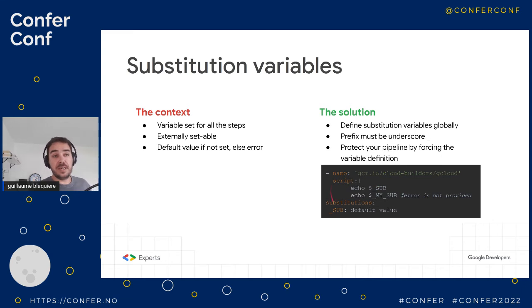You can define here a default value for my sub. For sub, you have here a default value. But here, my sub, you don't have a default value, and you have to provide this value, this substitution variable, when you invoke your pipeline, else you will exit in error.